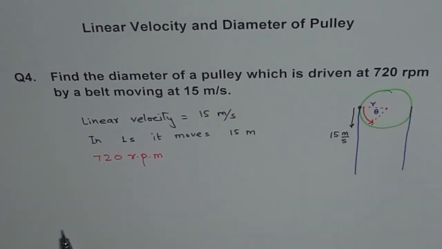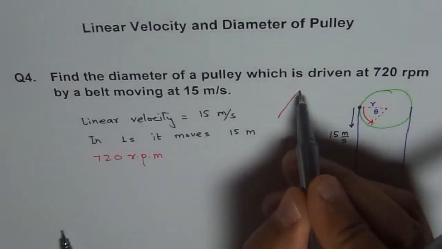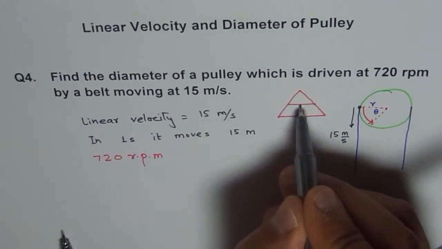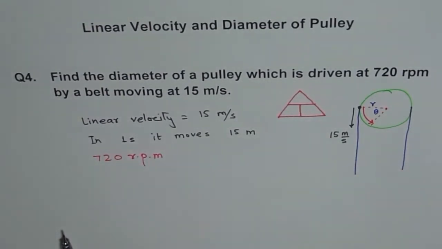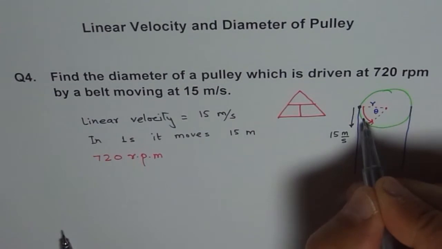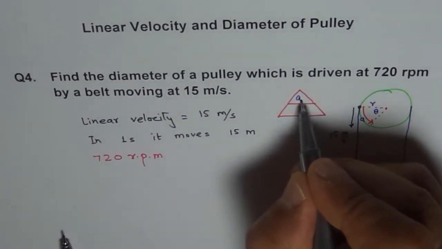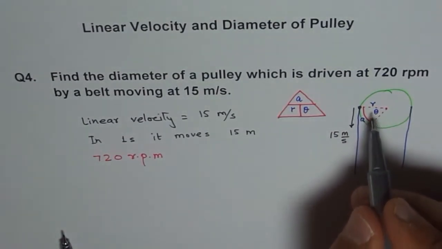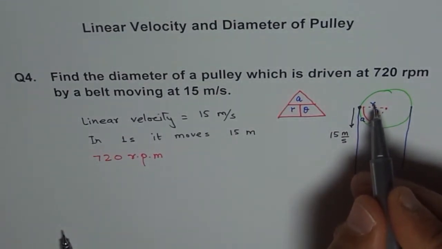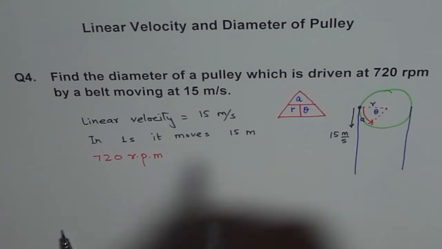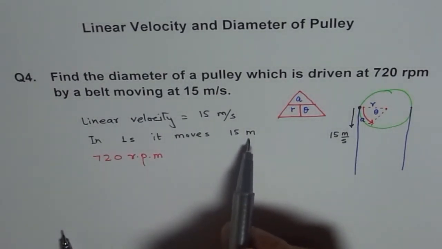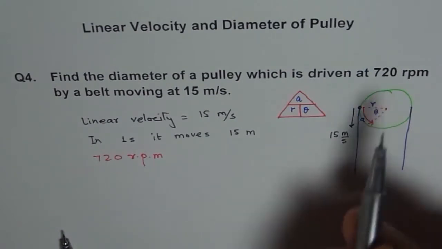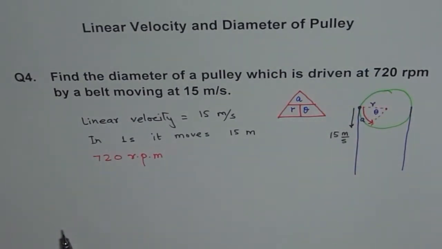That's a good place to start our relation. Again the same triangle: a is r theta. So I have to find r, but I know a this time. a is 15 meters in 1 second. And theta we will find from the given RPM. So you understand our approach now.